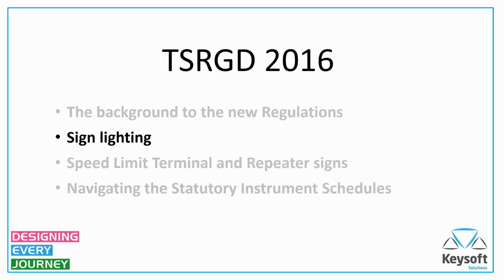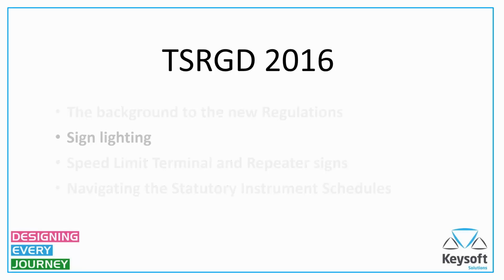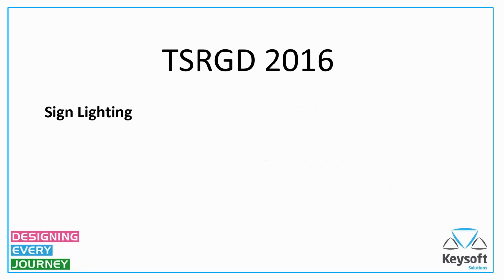So let's touch upon sign lighting. The bulk of sign lighting really is in the schedule, so that's where you'll actually check whether particular signs that you put on are going to require sign lighting. But in brief, really, you can say that there is significant relaxation, particularly on the warning signs.